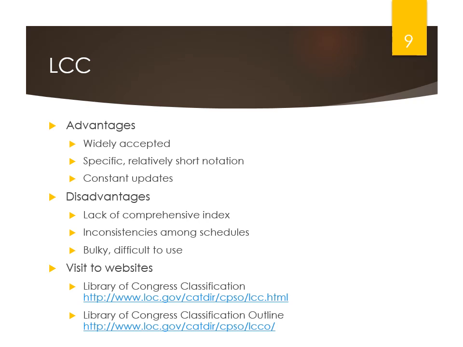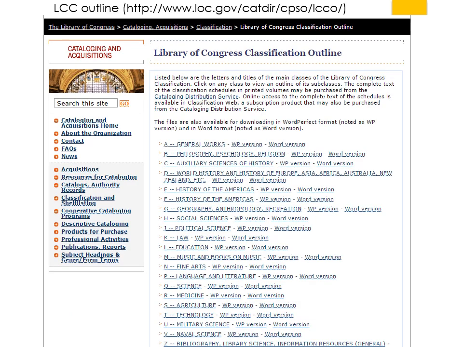Try to visit these two links, and also let's take a look at a little bit of an example of LCC. When you visit this website, you can see the 21 main classes, and then you can click the link. Then you can see the subclasses and also subdivisions.